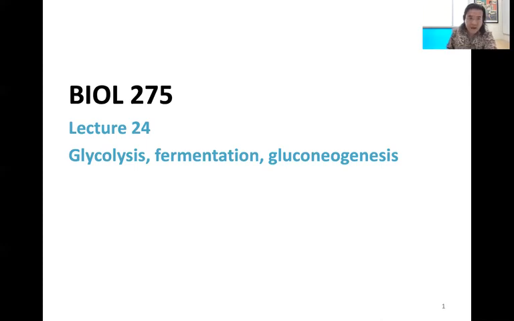So let's back up and start discussing how glucose can be broken down and converted into ATP in order to distribute the energy in those chemical bonds throughout the cell to all the different proteins and biochemical pathways that are expecting ATP as the form of the energy. So we'll talk about this process of glycolysis today. We'll also talk about fermentation and gluconeogenesis.